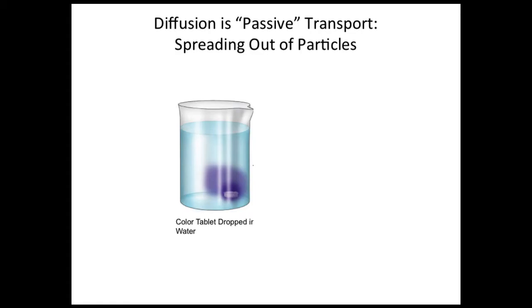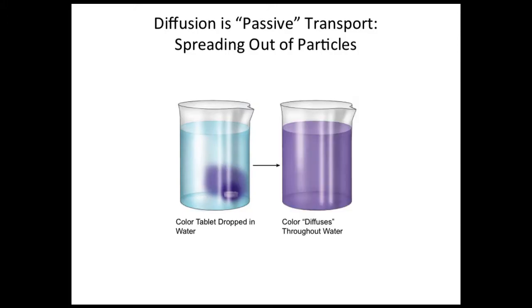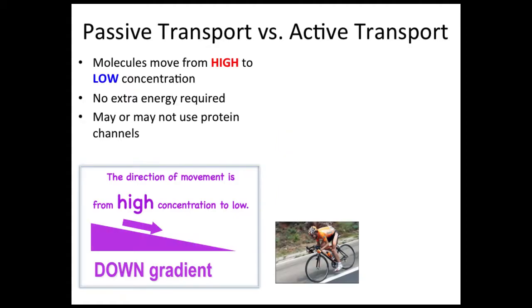As a case in point, if I have a beaker of water and I drop in a little tablet with color in it, that tablet will dissolve and that color or dye will diffuse throughout the water. Initially, that color will be concentrated just around the tablet, but over time, the color will diffuse throughout the water and the water will appear as purple.